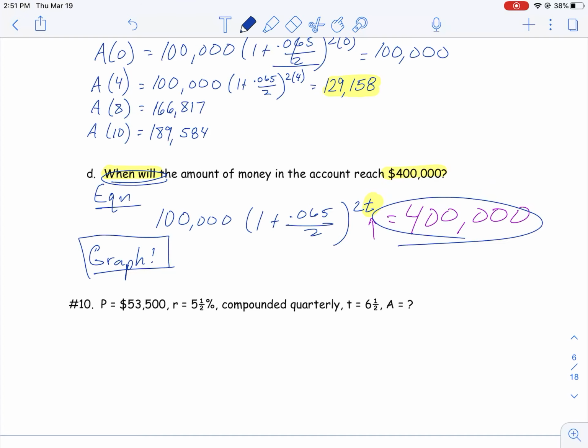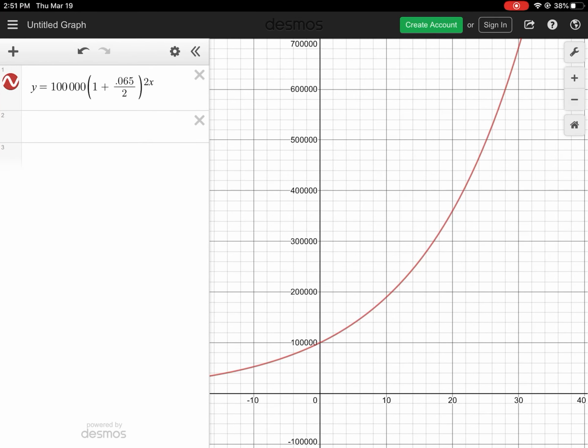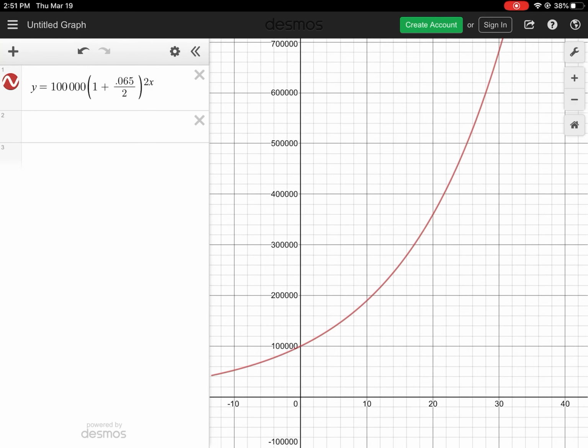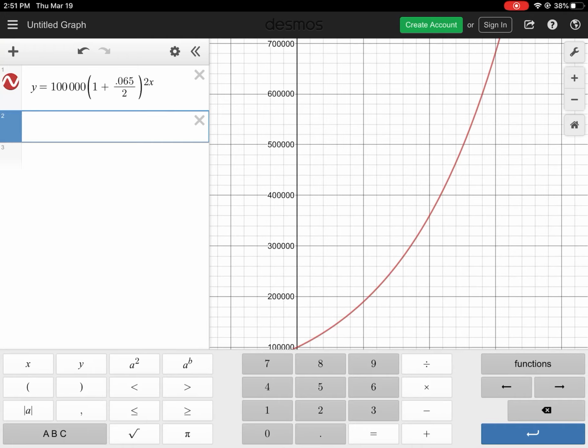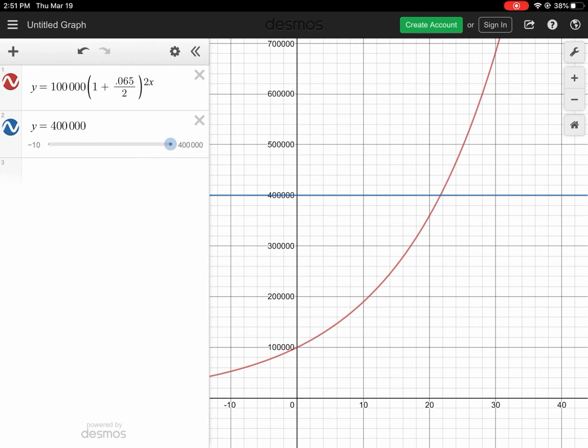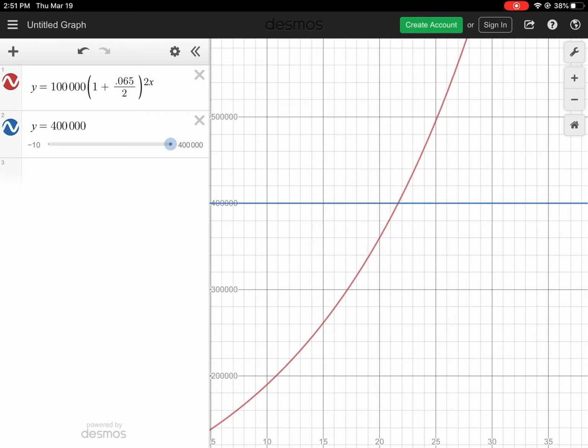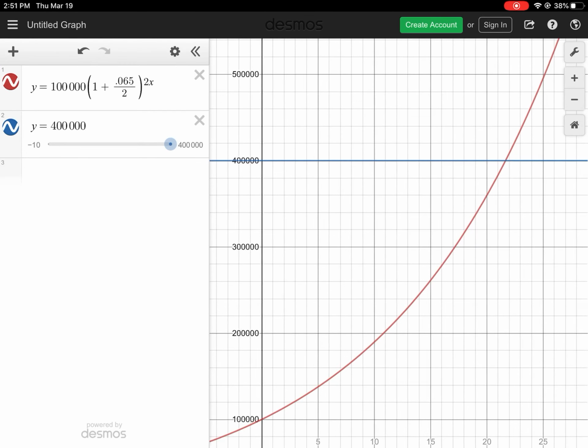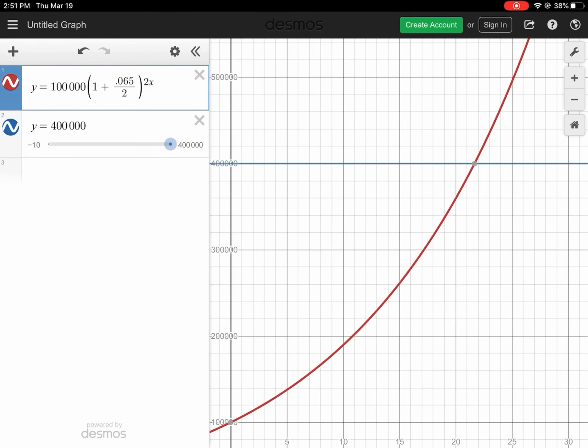All right, so 400,000. Let's look at our graph. Can you picture how this is helpful? If you look here, if we go ahead and just type in y equals 400,000, we can see where this graph meets up with the other graph.